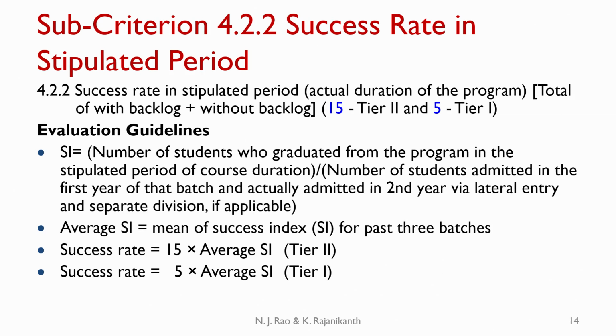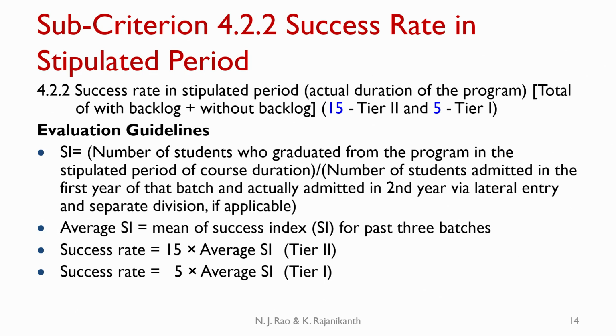You take the average success index, the mean of the success index for the past 3 batches, and you compute the success rate as 15 into average SI for tier 2 and 5 into average SI for tier 1. So, this is how you compute the success index in the stipulated period.